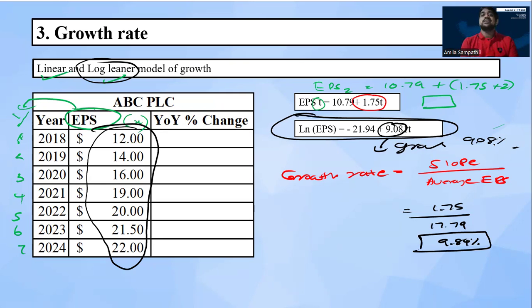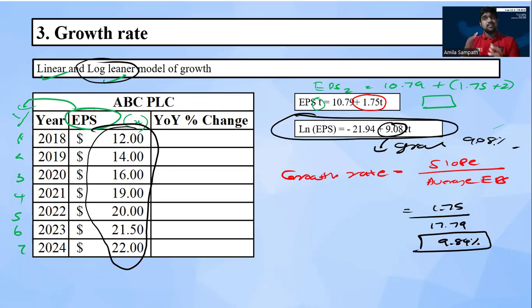Here, this 9.08 we can directly say is our growth rate. Okay, then practically also, rather than using the arithmetic and geometric average, these linear and log linear growth models are better and more accurate.